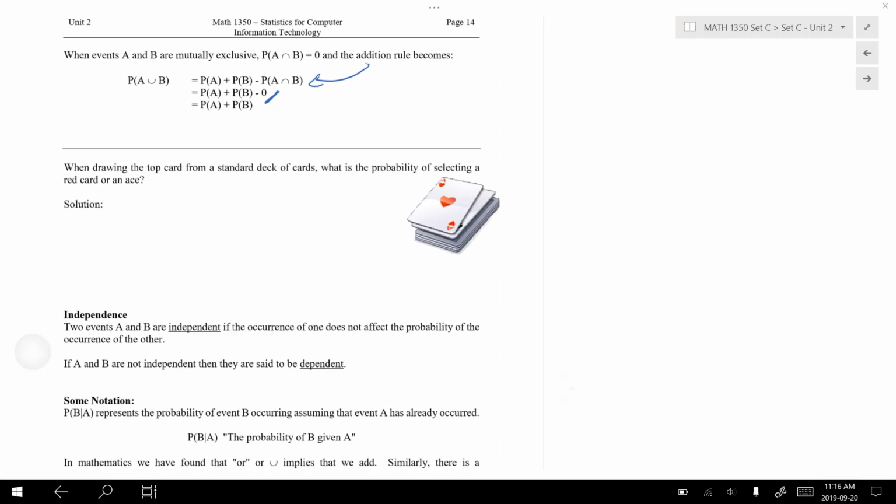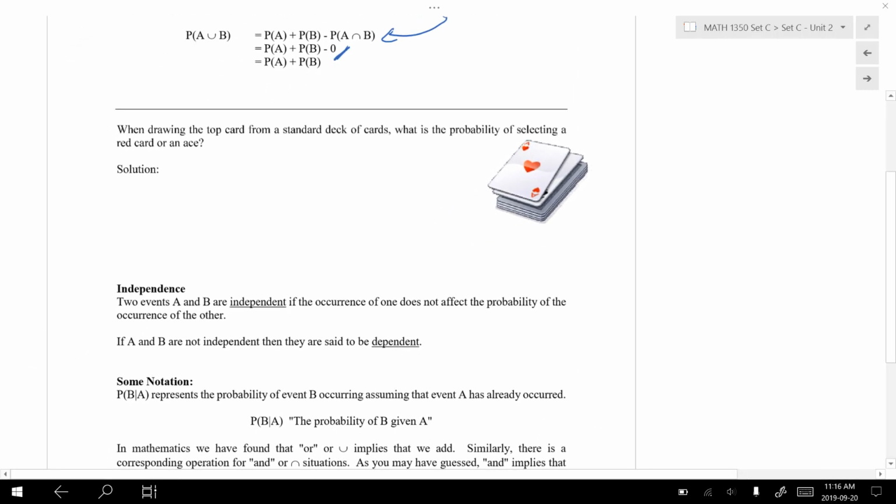Okay, let's think about drawing the top card from a deck of cards, maybe after some shuffling, and think about the probability of selecting a red card or an ace. This particular example you would say is not mutually exclusive. It is possible to draw both a red and an ace. That would be, of course, a red ace.